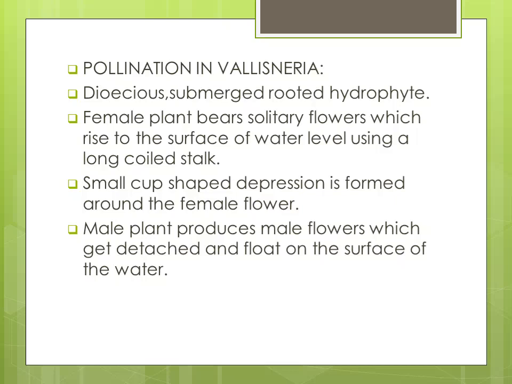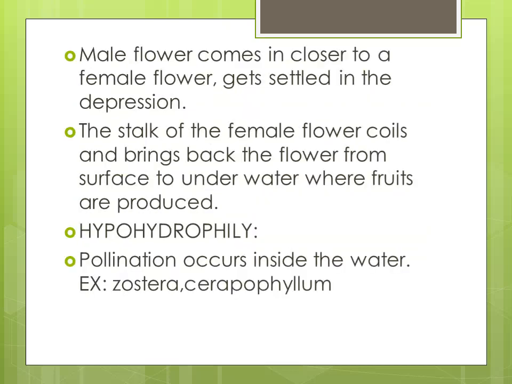Now the male plant produces male flowers which get detached from the parent body and start to float on the surface of the water. The male flower comes closer to a female flower and gets settled in the depression. As we have already seen, a depression is formed around the female flower.